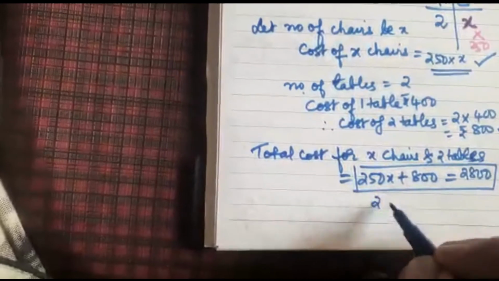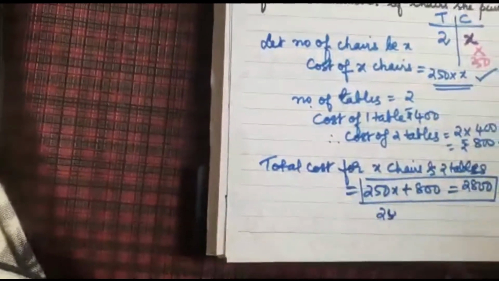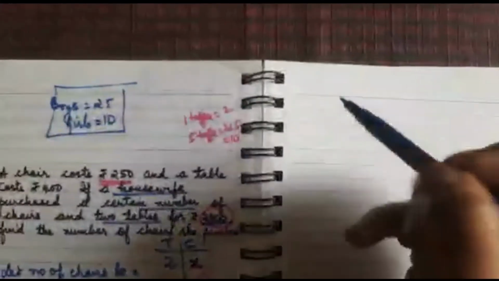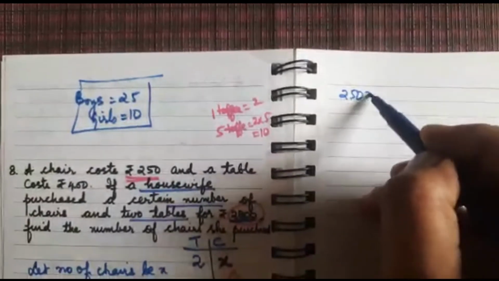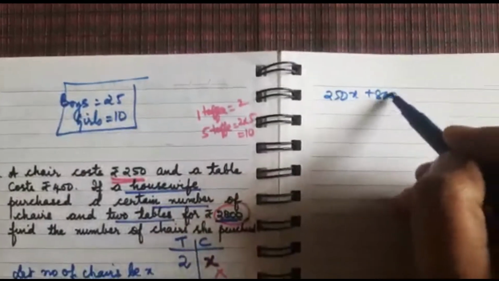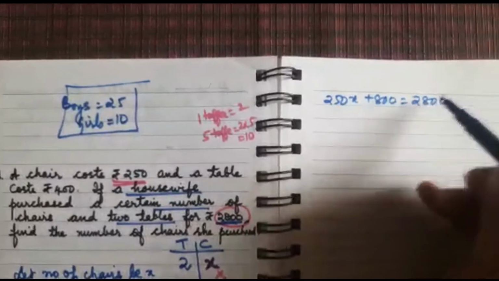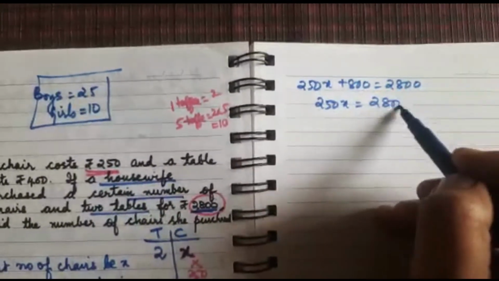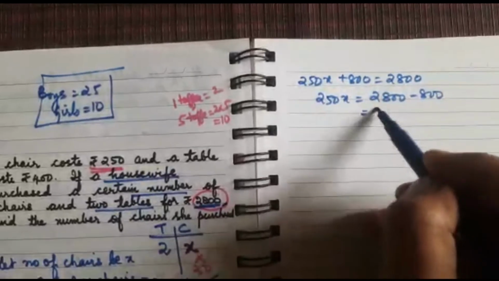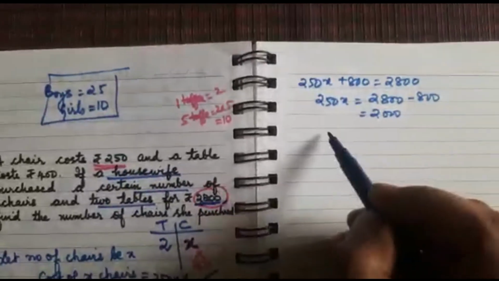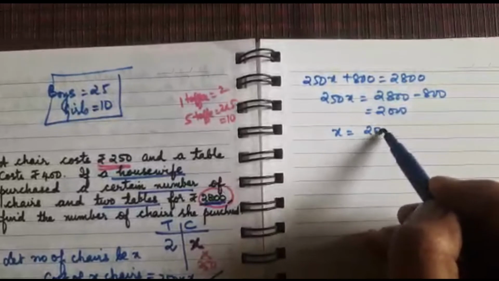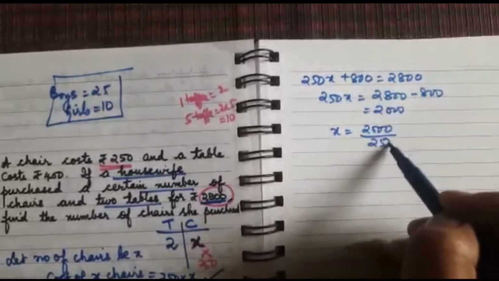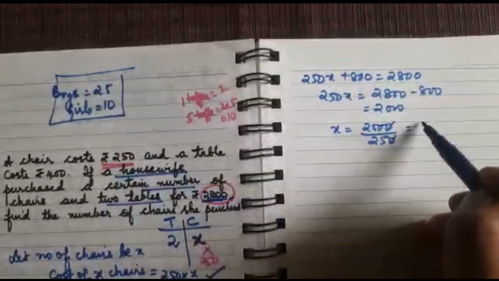Number on one side and variable on the other side. So 250x plus 800 equals 2800. So 250x is equal to 2800 minus 800, that is 2000. Now x is equal to 2000 upon 250. The zeros cancel, 25 into 8.